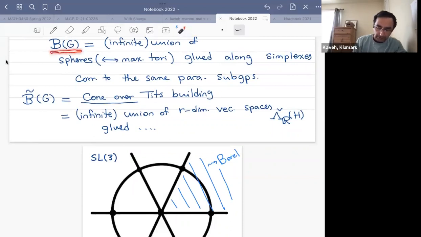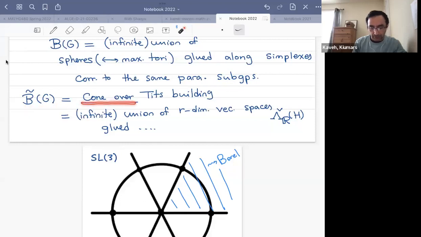I have this union of spheres, which is the geometric realization of the Tits building. I can do the same gluing, but instead of spheres, I just take the whole vector space. That's basically the definition we made in our paper.